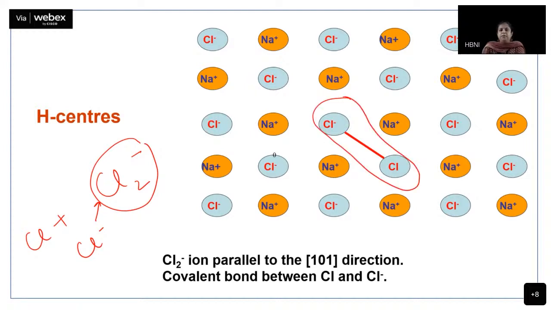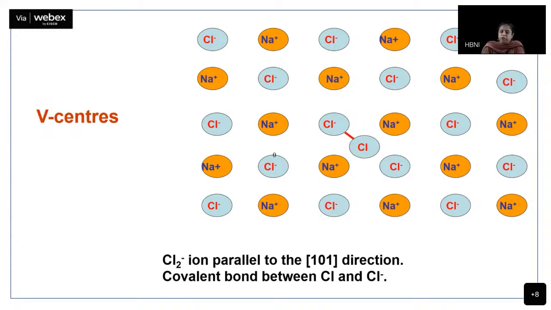Okay, then it is called an H center. So when the chloride molecular ion occupies two lattice sites, it is called an H center. But when it occupies only one lattice site, it is called a V center.